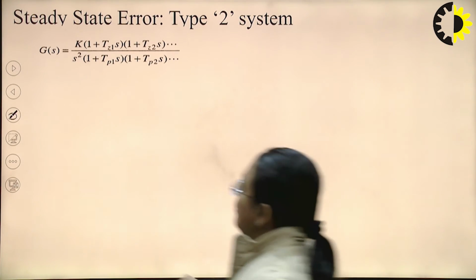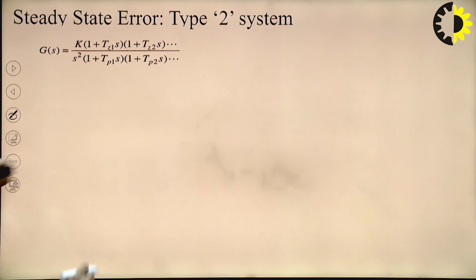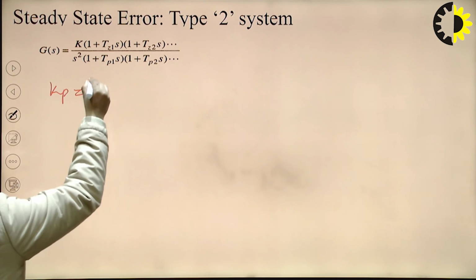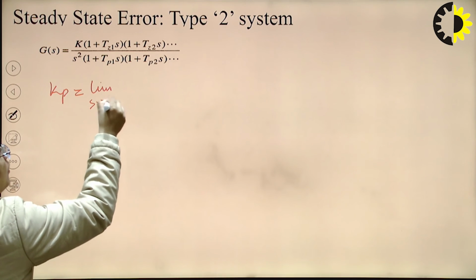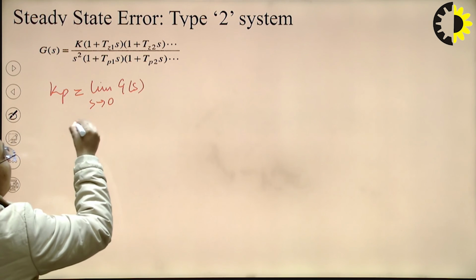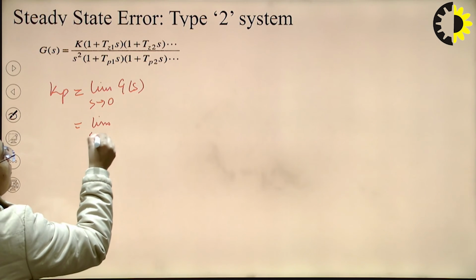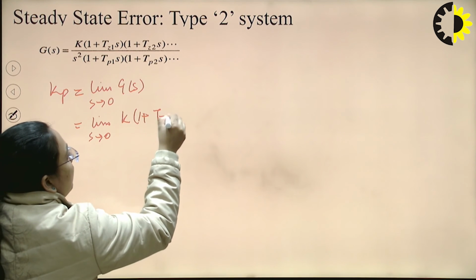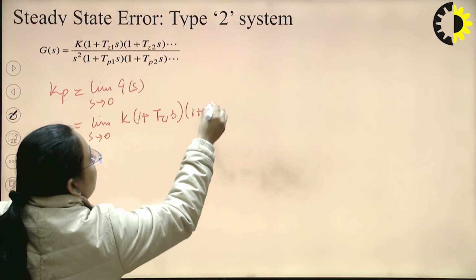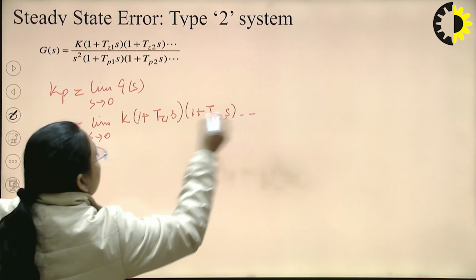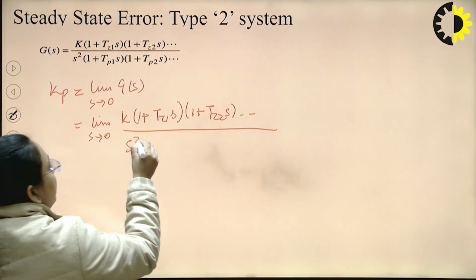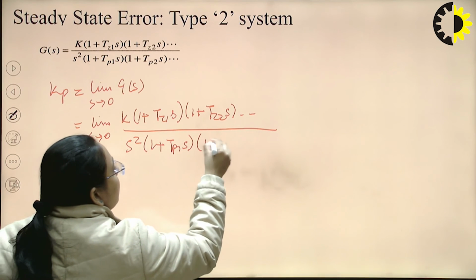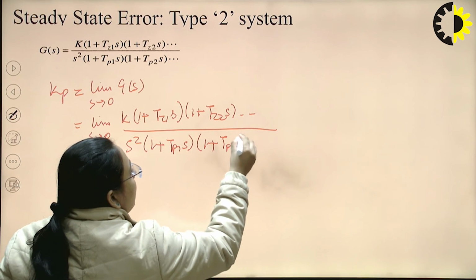Now coming to the type 2 system. This will be the value of G(s), and when we calculate the value of Kv for unit ramp input, that is limit s tends to 0 of s into G(s), it comes out to be limit s tends to 0 of K(1+Tz1 s)(1+Tz2 s) and so on, upon s square into (1+Tp1 s)(1+Tp2 s) and so on.